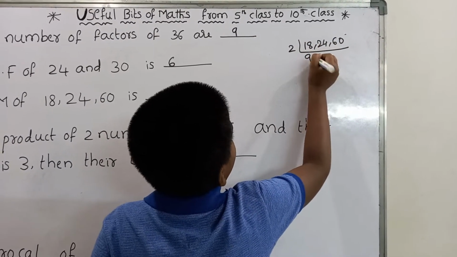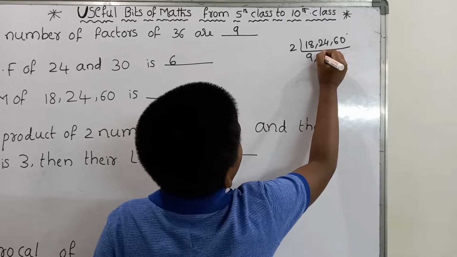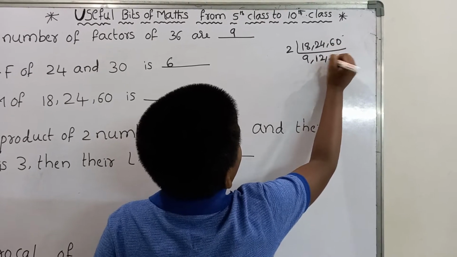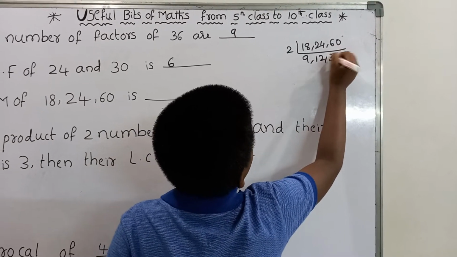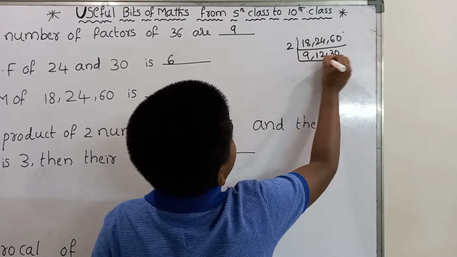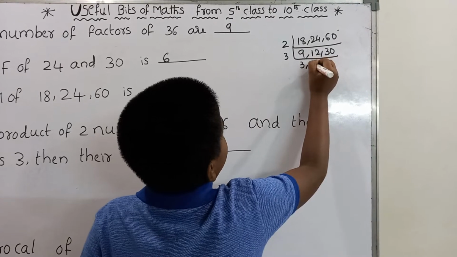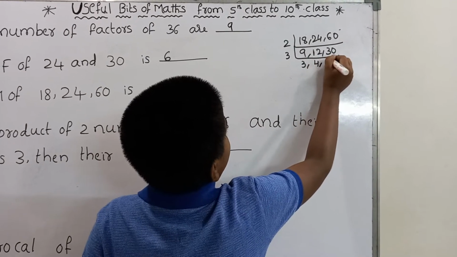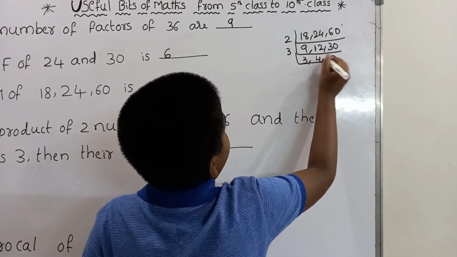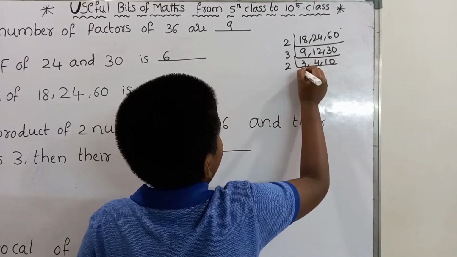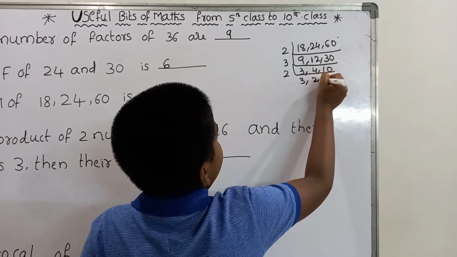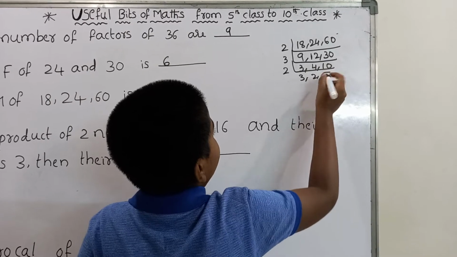So 2 9s are 18, 2 12s are 24, and 2 30s are 60. Then these are divided by 3. So 3 3s are 9, 3 4s are 12 and 3 10s are 30. And here 4 and 10 will be divided by 2. So 3, 2, 5. We know that 2 into 2 is 4 and 2 into 5 is 10.